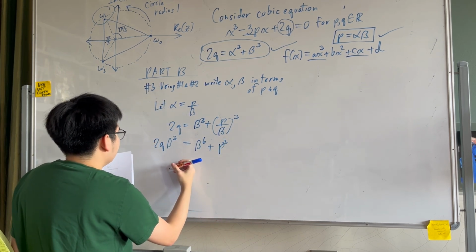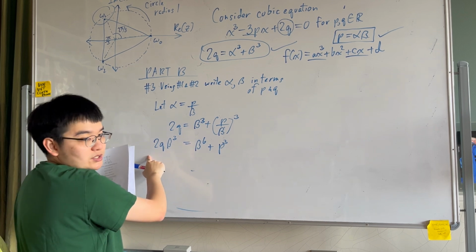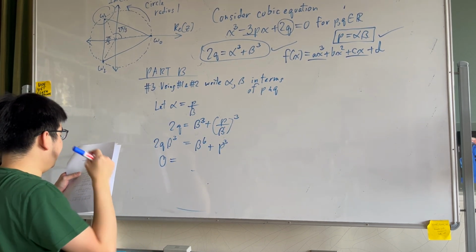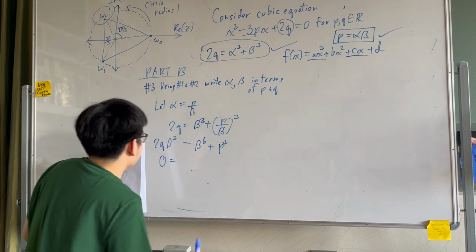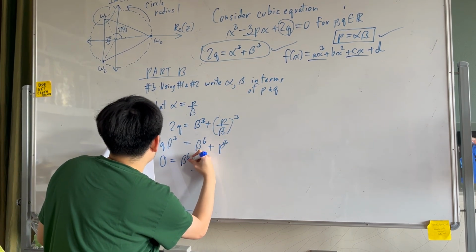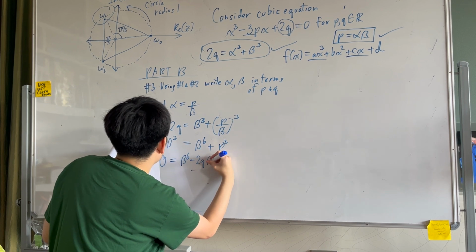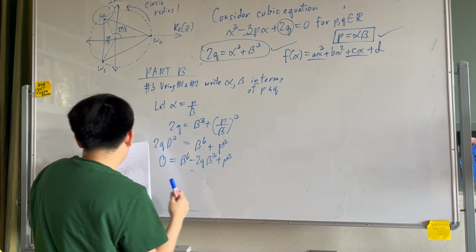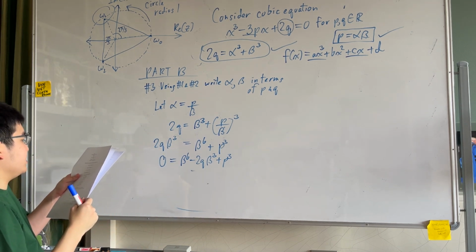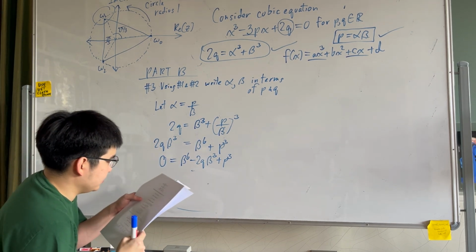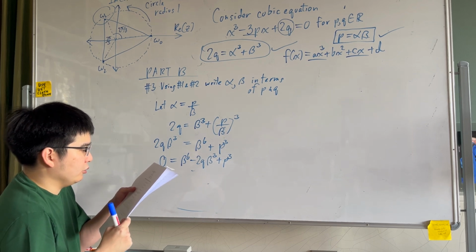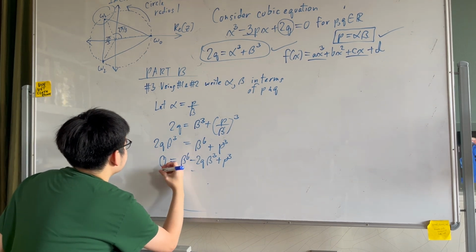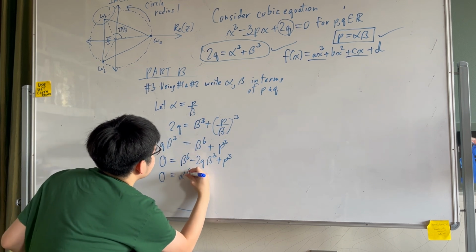So then if you rearrange this to let one side of the expression equal 0, which we always want because null product property of multiplication is always nice: beta to the 6 minus 2 cubed beta cubed plus p cubed. Oh gosh, and here's where it gets nasty. Yeah, we can get an identical copy for alpha as well, so this is also valid.